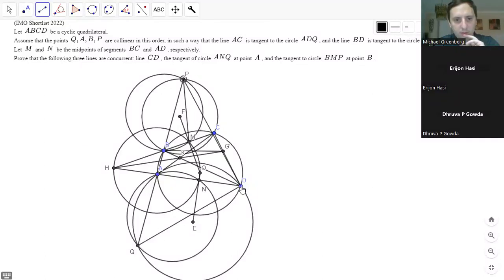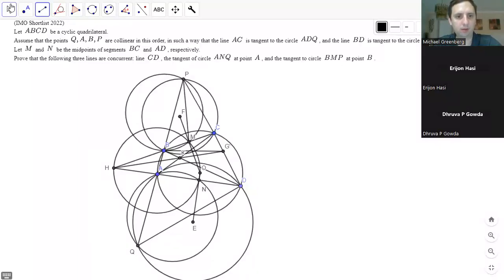It means CAB and, no, I think CAD and CBP. That's what it means, I think.